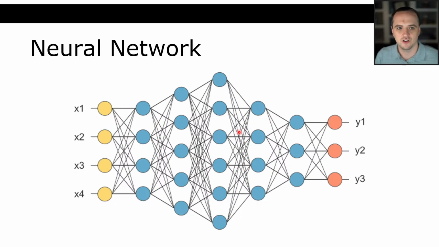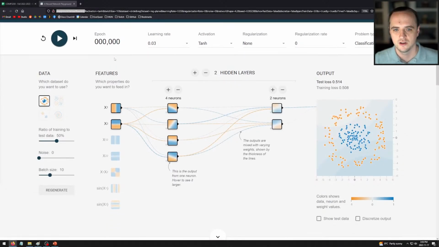Okay? So, what I want to show you real quick is this website. Hang on, let me refresh this. Why does that go like that? Here's the website. I just pasted it in the chat, and here it is.